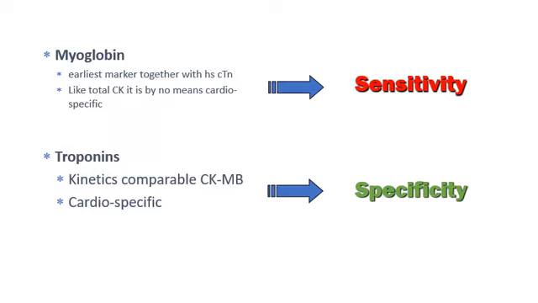They are sensitive, but they are not specific for the myocardium. While the troponins rise late after the onset of chest pain, but they are more specific for myocardium.